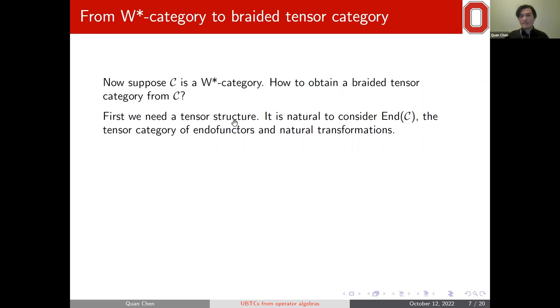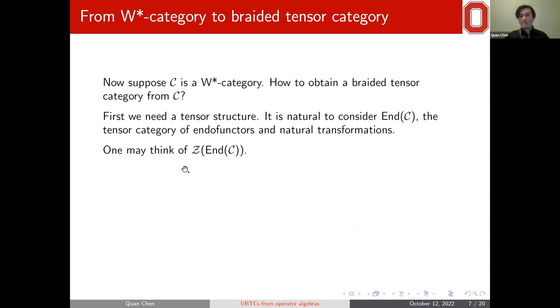So first we need a tensor structure. It's natural to consider End(C), the tensor category of endofunctors and natural transformations. Your tensor structure is given by the composition of endofunctors. Composition of endofunctors is a well-defined tensor product, and the tensor product is strictly associative. So we get a tensor category from C, and how do we get braiding?